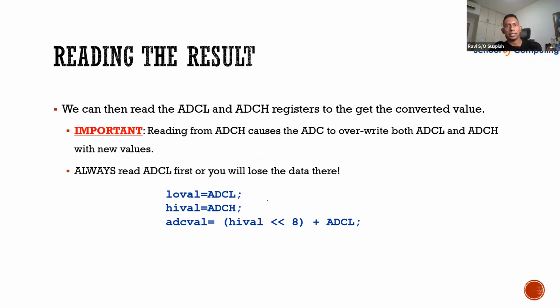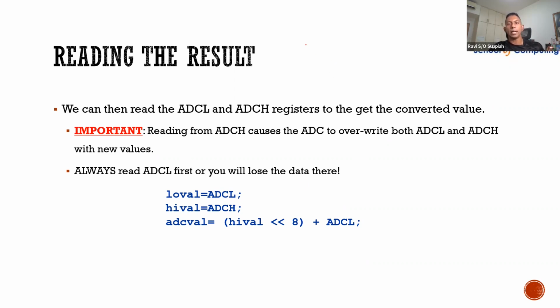Once the conversion is complete, we can now read the values. As we saw earlier, it is a 10-bit A to D converter, and all our registers are 8-bit. So the result is actually stored in two registers, ADCH and ADCL. We need to pack them together to get the final answer.